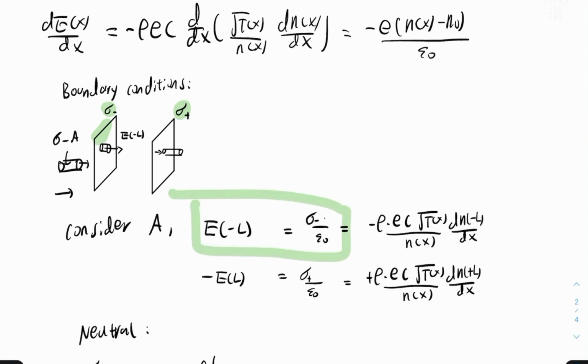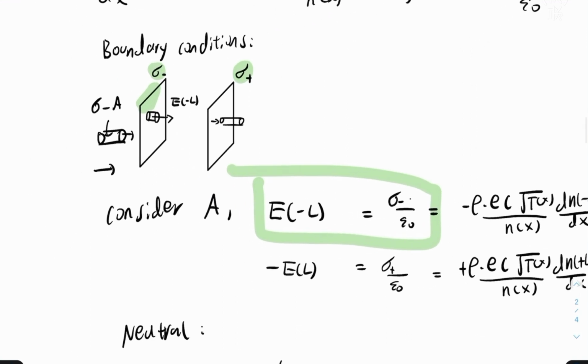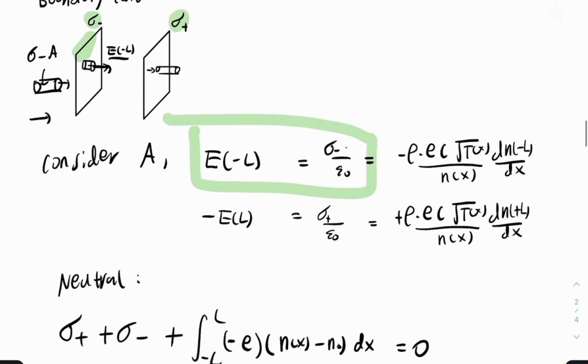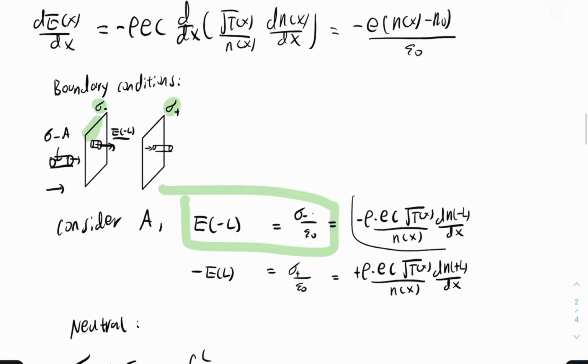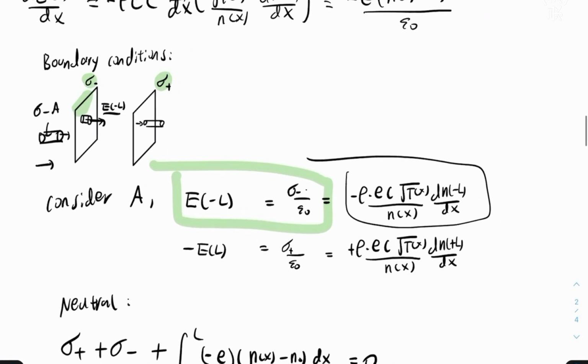Look at this equation, because E is pointing outward. And now you only need to plug in the equation, and you'll see the boundary condition for the left side is actually equal to this equation.